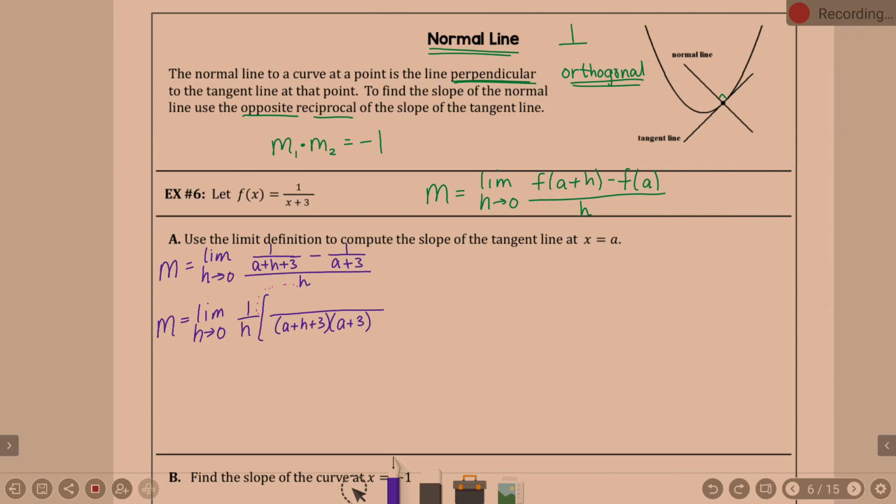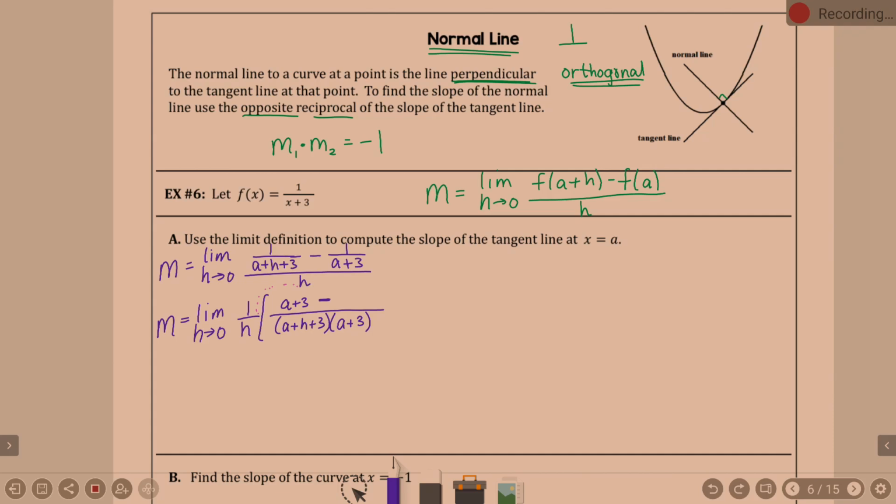First fraction. It already has a plus h plus 3 in the denominator, so what do I have to multiply it by? A plus 3. So what do I multiply the numerator by? A plus 3. That's the first fraction. Then I'm going to carry down my minus sign. The second fraction. It has the a plus 3. What's it missing? A plus h plus 3. So officially you multiply the bottom by a plus h plus 3 and the top by a plus h plus 3.